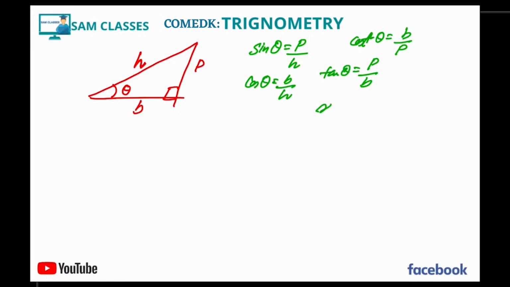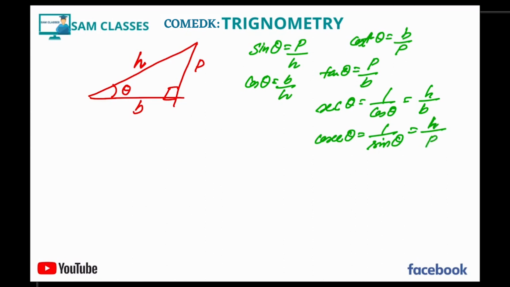Now sec theta is equal to 1 by cos theta, that is equal to hypotenuse by base. Cosec theta was inverse of sine theta, 1 by sine theta, and that is equal to hypotenuse by perpendicular. So this is the basic which we knew about in class 10th.